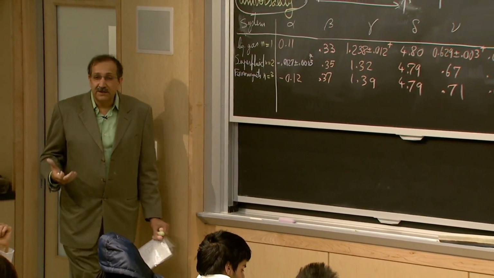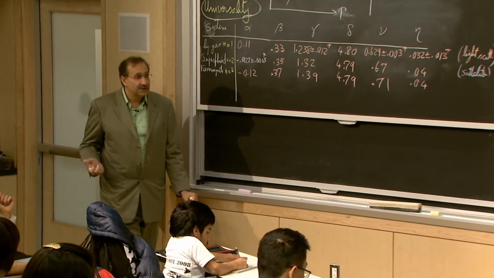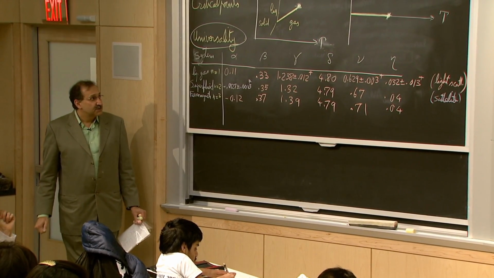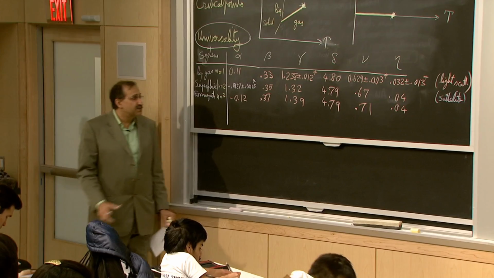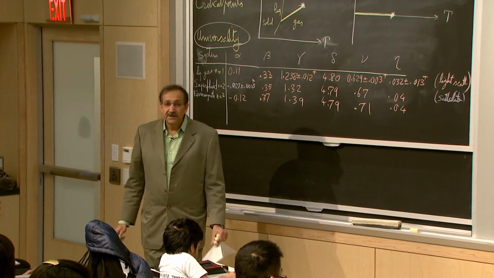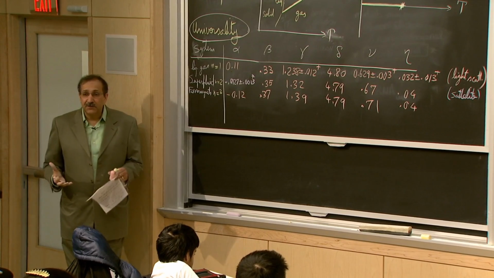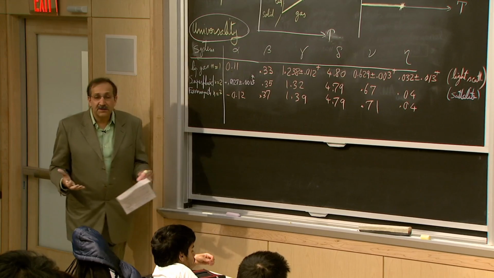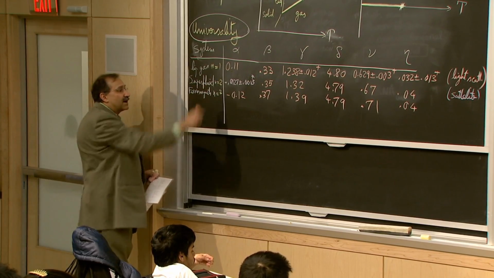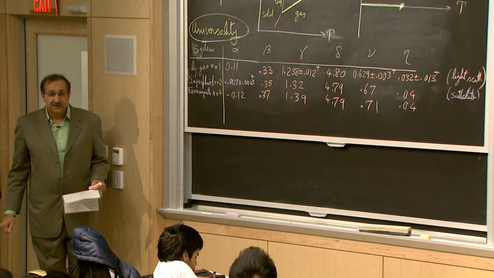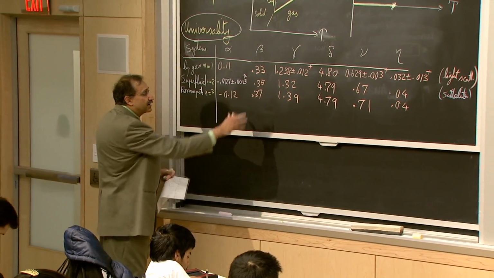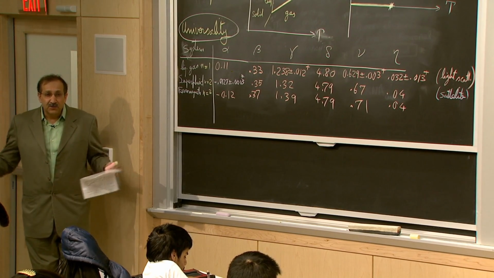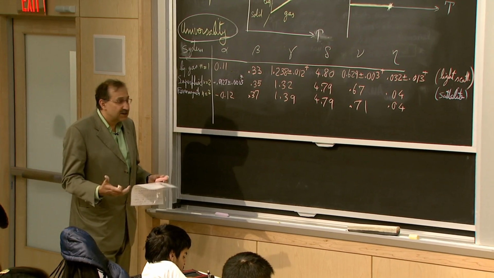It's not like you calculate the charge of the electron and you get a number. These don't depend on any specific material. Therefore, what is important about them is that they must somehow be capturing some aspect of the collective behavior of all of these degrees of freedom, in which the details of what the degrees of freedom are is not that important. Maybe the type of symmetry breaking is important. So unless we understand and can derive these numbers, there is something important about the collective behavior of many degrees of freedom that we have not understood.